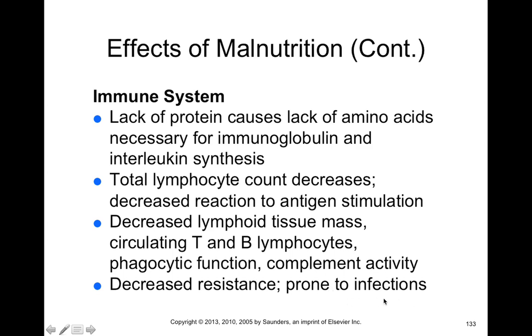But we just learned earlier that if someone had high blood sugar, that can also make them more prone to infection. So there's a delicate balance here between not being so malnourished that you can't have an efficient immune response, but not having so many nutrients in your blood that you're more prone to infection as a result. There's a good balance there, and under normal circumstances, your body should be able to maintain that balance on its own.